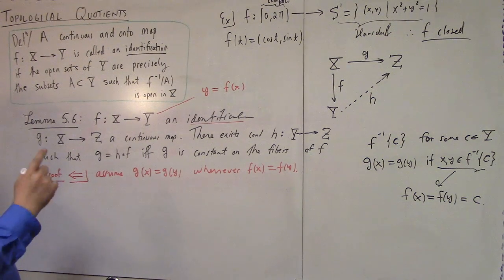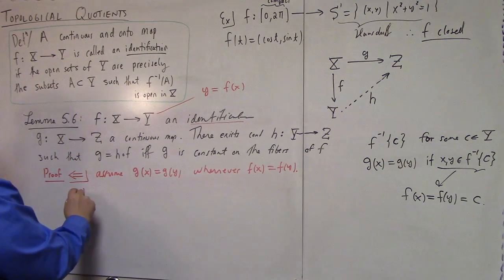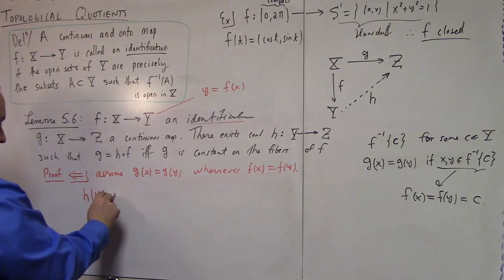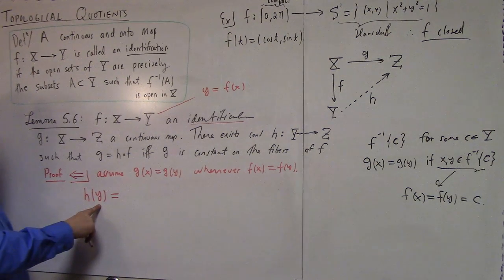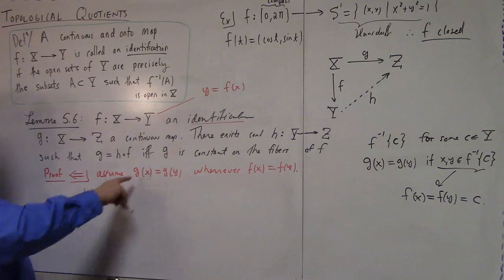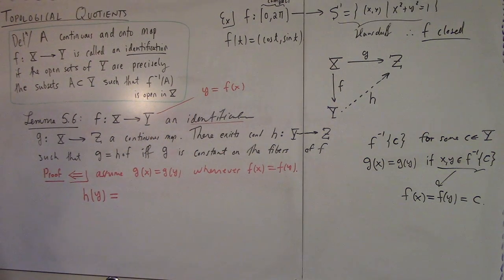So if I want to define h, a mapping from Y to Z, I can do it like this. I can say h of y. Now I know that this y is connected to at least one x in the domain, because f is a surjection.